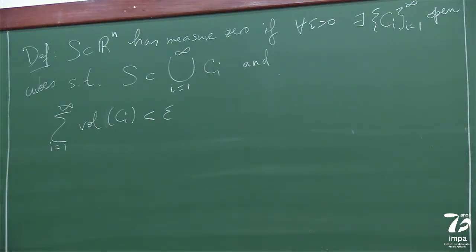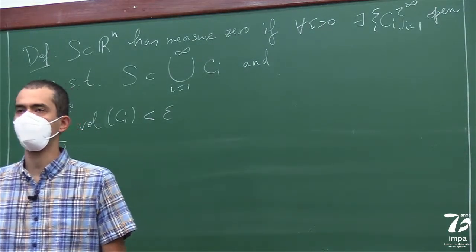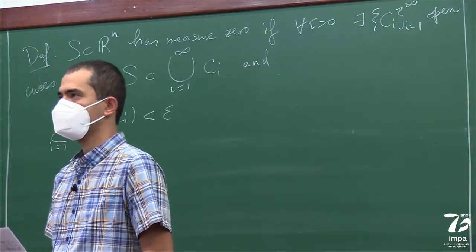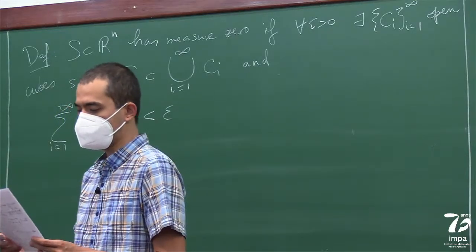Okay, so if S is covered by a union of open cubes, here I'm just considering open cubes, doesn't matter if they're closed, whose total volume is as small as you want. Okay, so that's what it means to have measure 0.